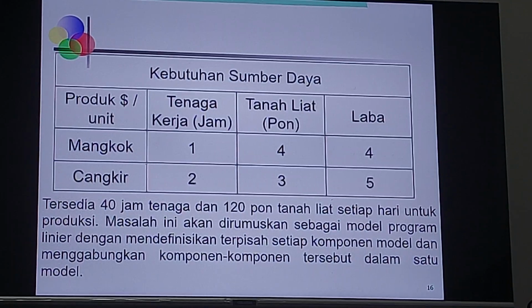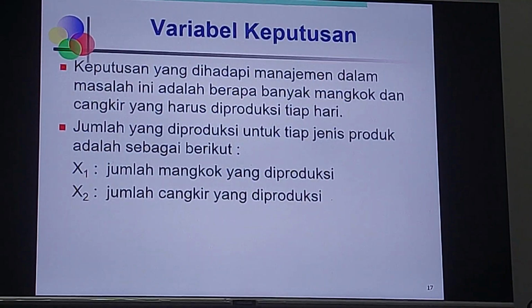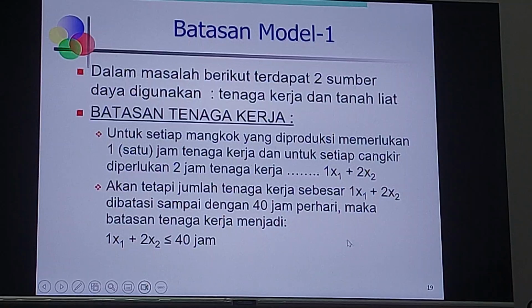If you use 2 bowls, it's 2 hours. That means you need to multiply the number of products that you make with the hours. Here, we need to multiply. This is the number of hours for a bowl, 1 hour to make 1 bowl, and 2 hours to make 1 cup. So x1 plus 2x2.